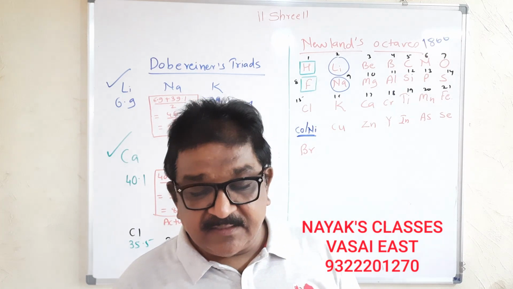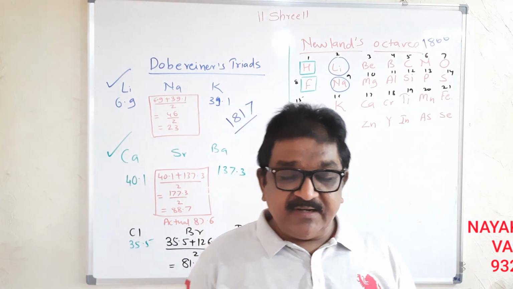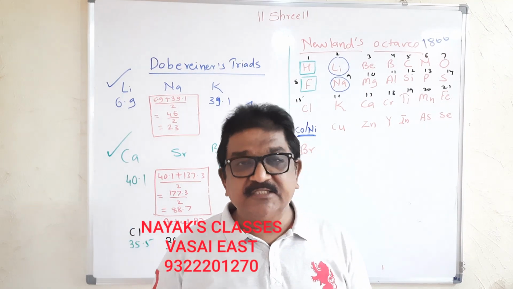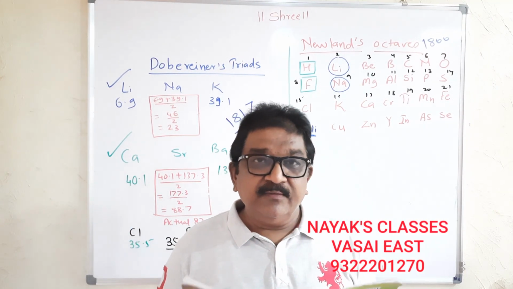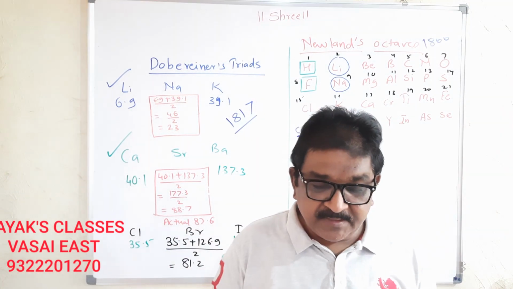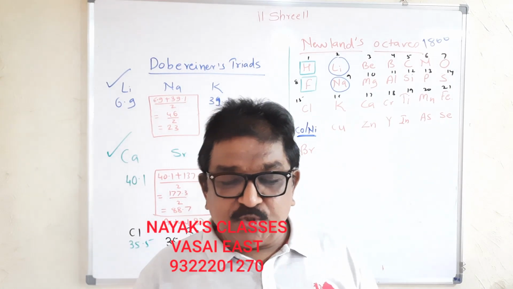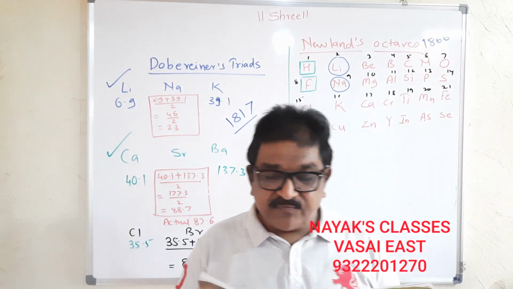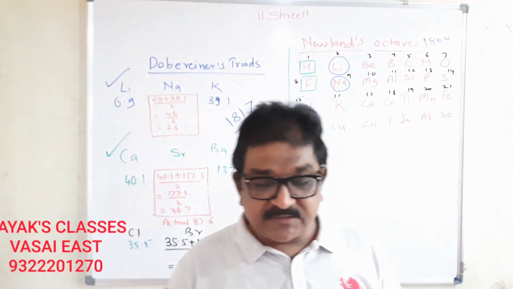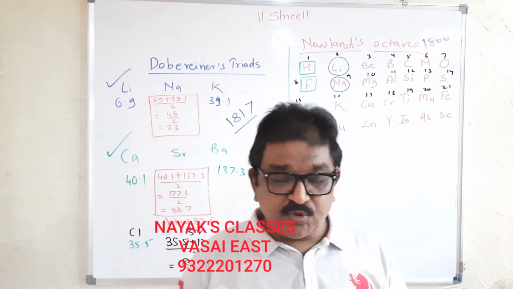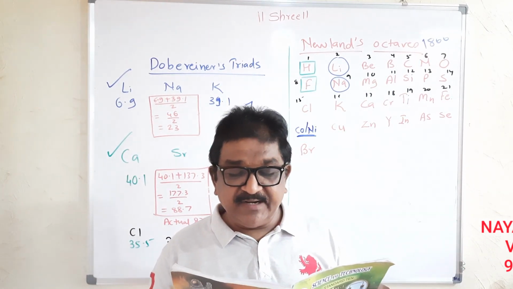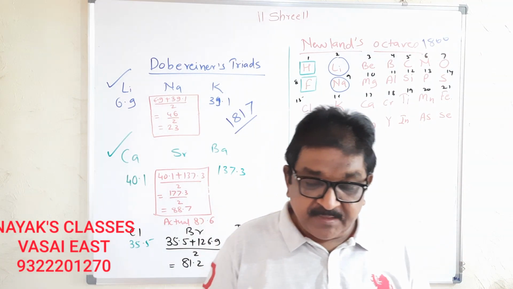He found that every eighth element had properties similar to those of the first one. For example, sodium is the eighth element from lithium and both have similar properties. Also, magnesium is similar to beryllium and chlorine shows similarities with fluorine.